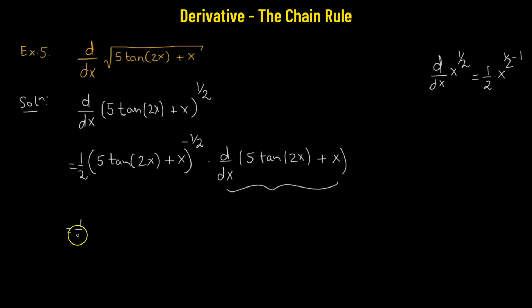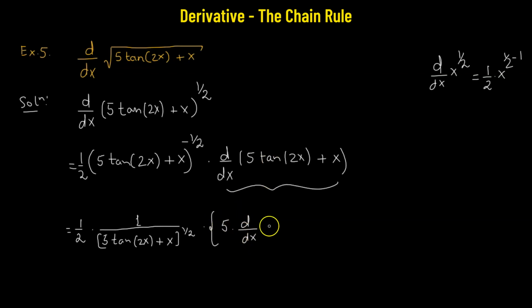So let's do that. What we are doing, we are bringing 5 times tangent of 2x plus x to the denominator. So that will be 5 tangent 2x plus x raised to the power of positive half, times. Now we'll apply the derivative to each of the two terms. So 5 is a constant, so we'll have 5 multiplied to the derivative of tangent of 2x plus the derivative with respect to x of x.